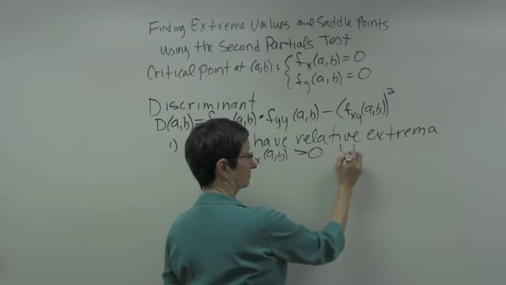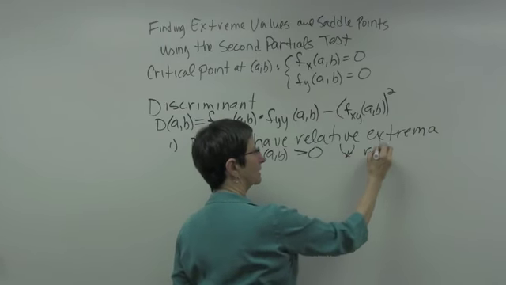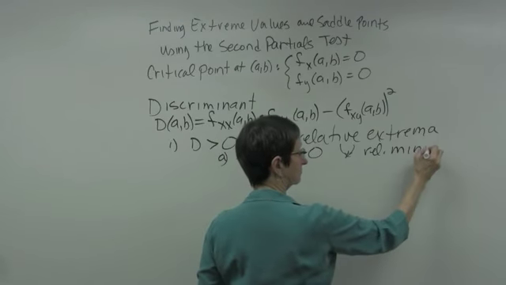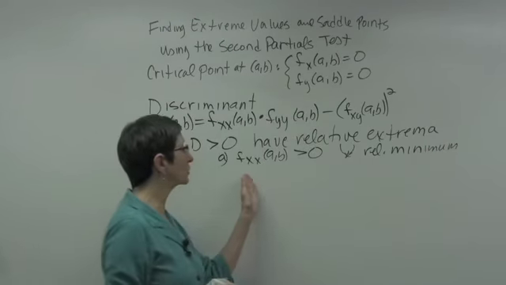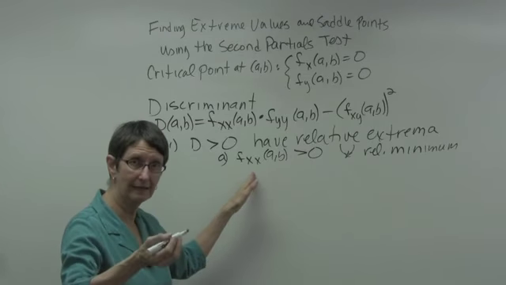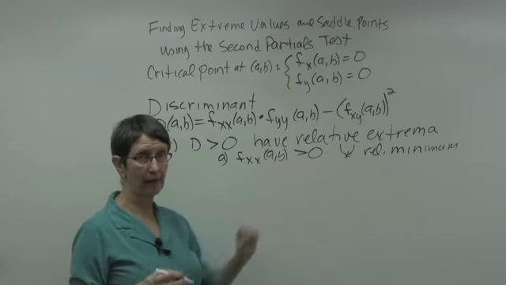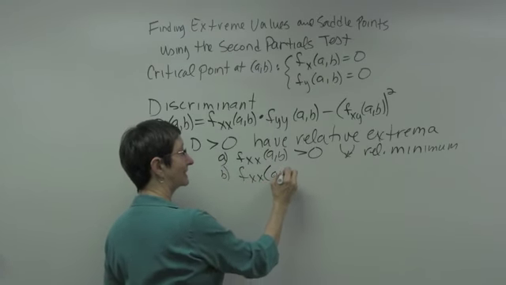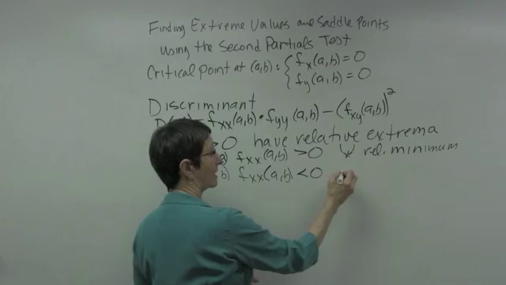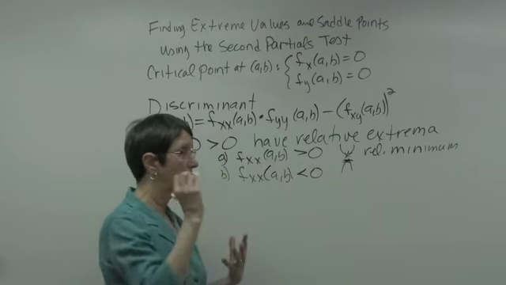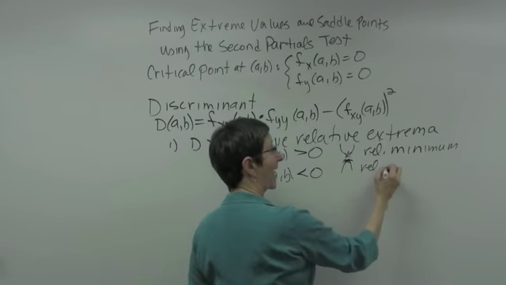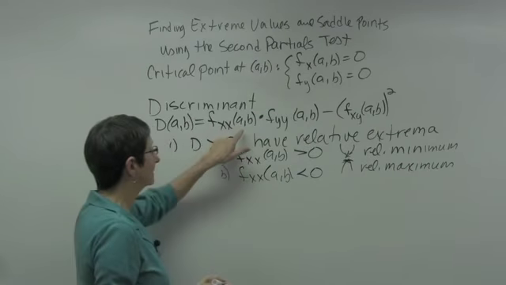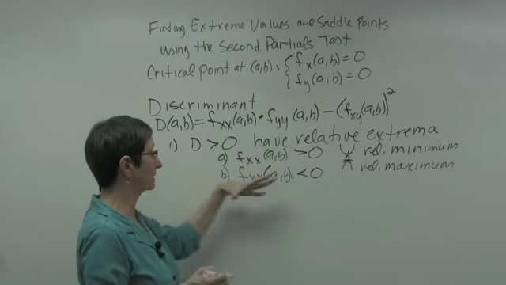I picture this. You have a relative min. So you have a relative minimum if your partial of f with respect to x, and then with respect to x again, is positive. If that second partial with respect to x is negative, this time I think of it as concave down, then you have a relative maximum at that critical point. That's why we have to take the partial derivatives and then plug in our point.